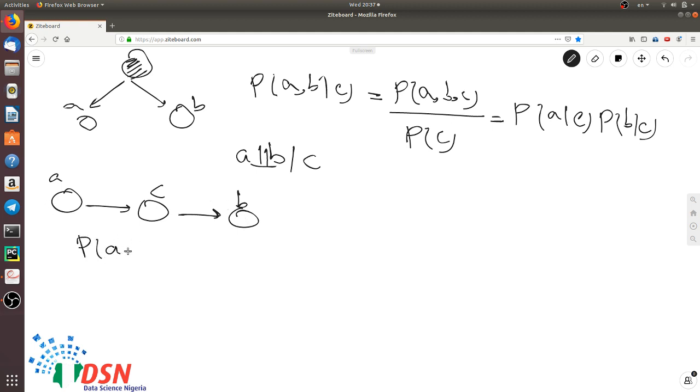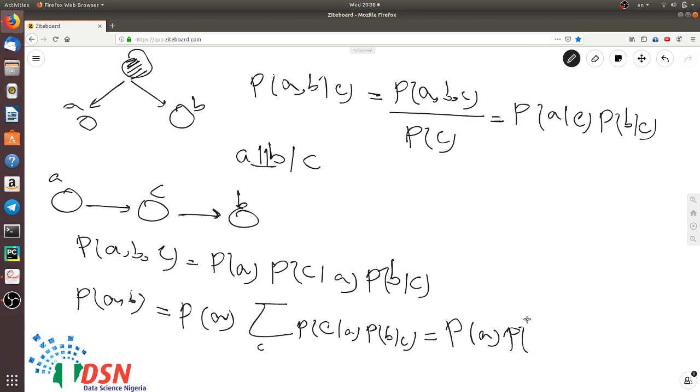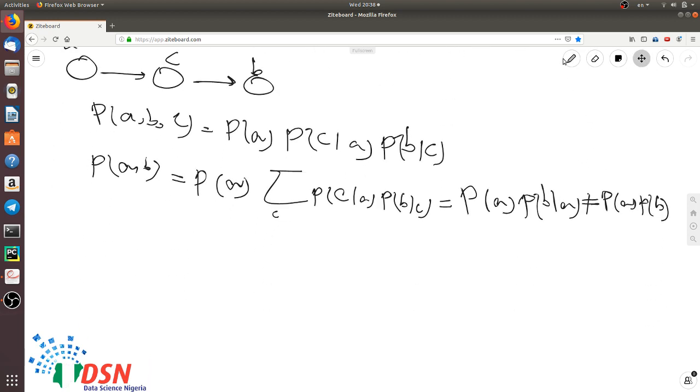If we write the joint distribution, we could write it as P of A times P of C given A times P of B given C. If we write P of A and B, we could marginalize C from this equation and write it as P of A times the sum over C of P of C given A times P of B given C, which simplifies to P of A times P of B given A. As you can see, it is not equal to P of A times P of B. So in this case, A and B are not statistically independent given phi, the empty set.